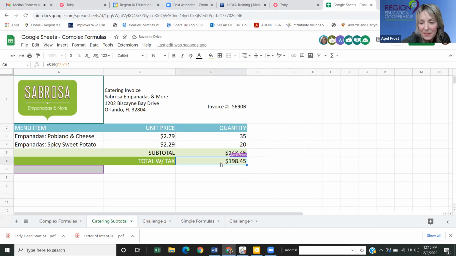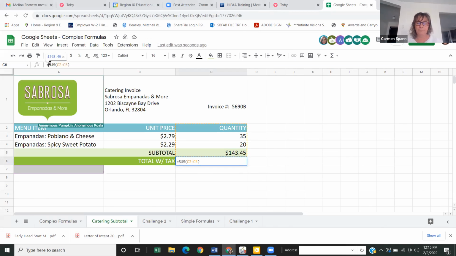Okay. If we do sum, you go sum times 5.5%, close parentheses. So you did an equal sign. Let me think about this. Okay, because we don't have a line total anymore, right?